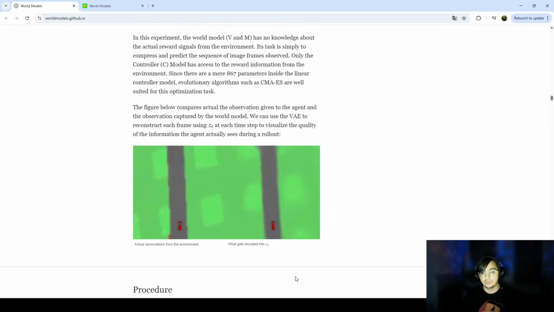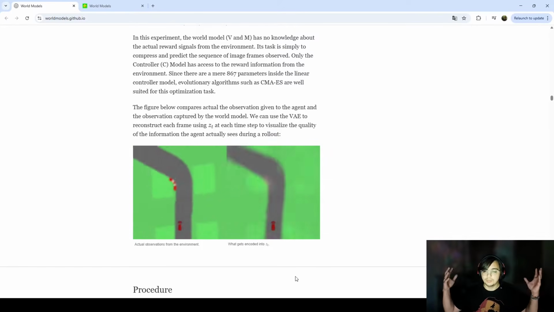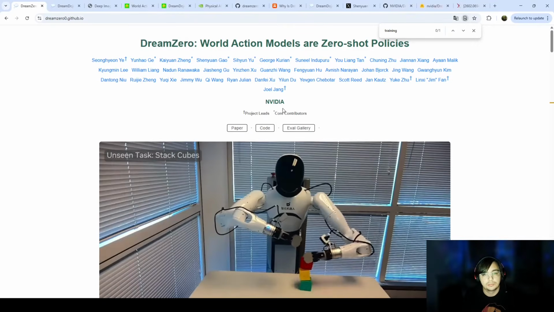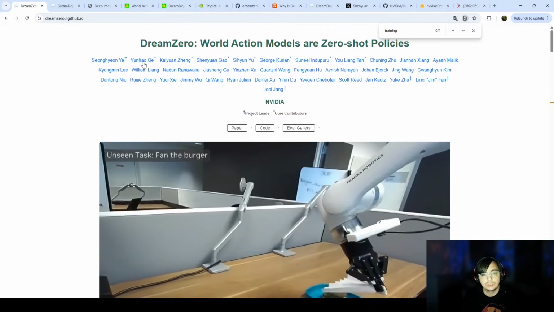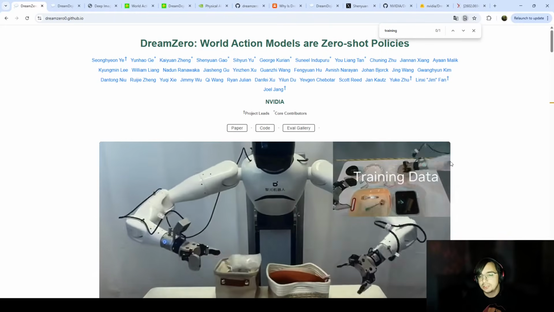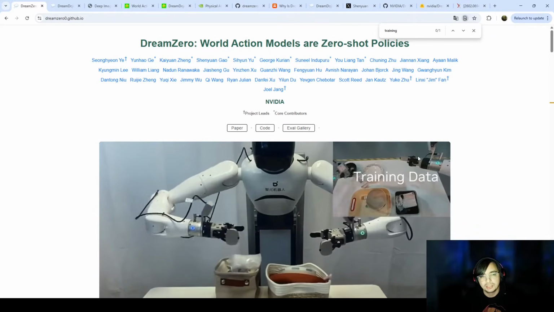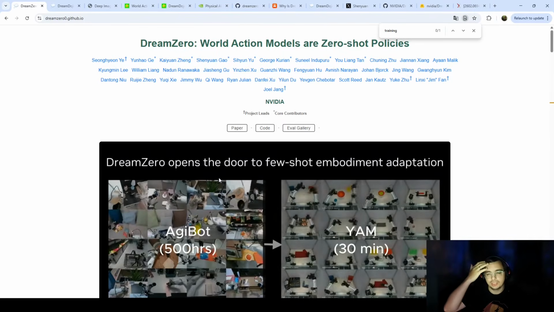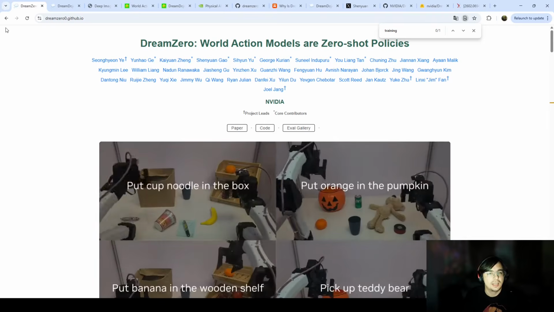But actually today the idea is much bigger and more interesting. Let's look at this article from NVIDIA about DreamZero, which is their world action model. When you look in here, you need to understand that it's just a small part of the models they have been creating for the last half year.